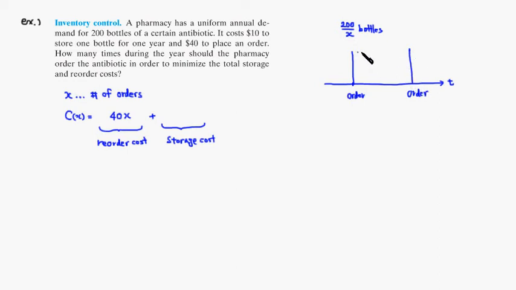Then since we keep on selling them, the number of bottles stored will decrease, and by the time you make the next order, it becomes 0. So on the average, we are storing 1/2 of the number of ordered bottles.